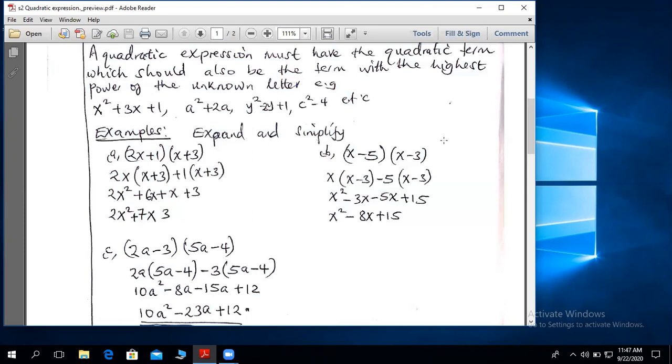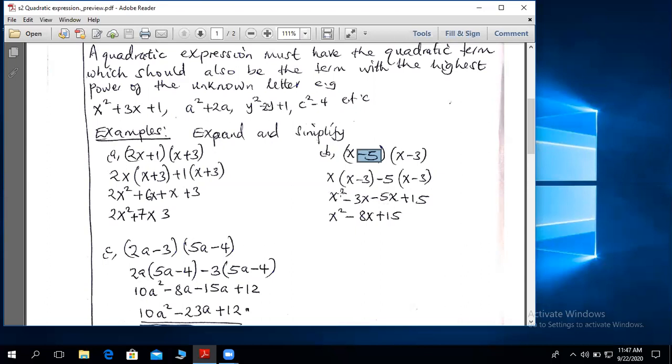Now part B, you can see we are expanding this, so we shall have x and multiply it by the whole of the second bracket here. So it will be x times x minus 3. Then this time it is negative 5, x minus 5, so we shall have minus 5 and multiply it by the whole of this bracket.